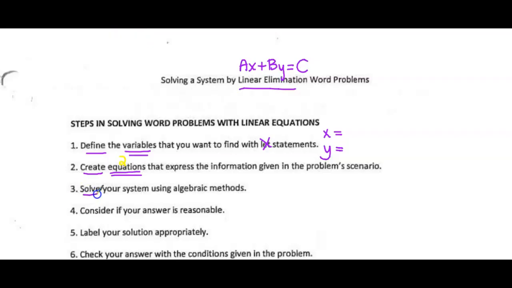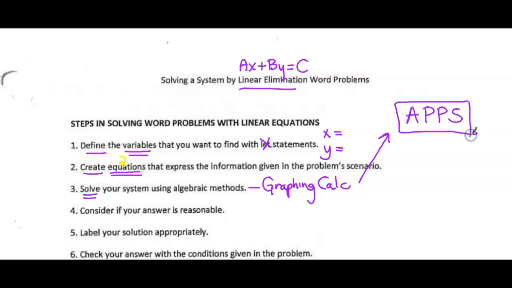3, you're going to solve. And when you solve using algebra, I am going to allow you to use the graphing calculator. So remember, when you use the graphing calculator, you're going to push the purple apps button. Okay, you're pushing purple apps.